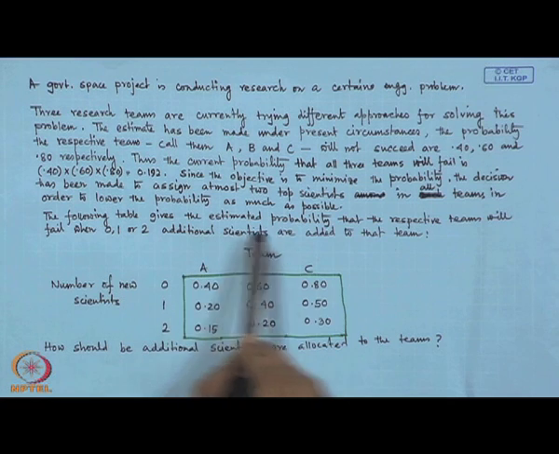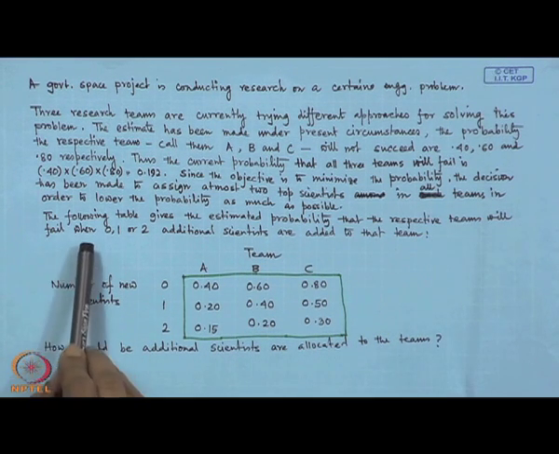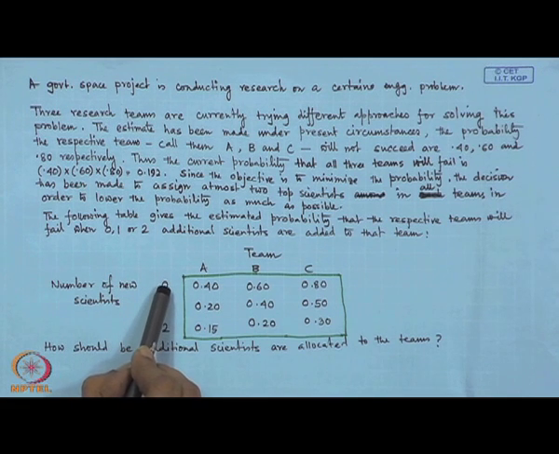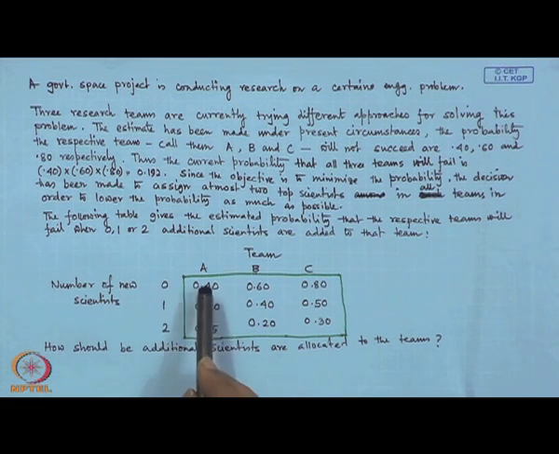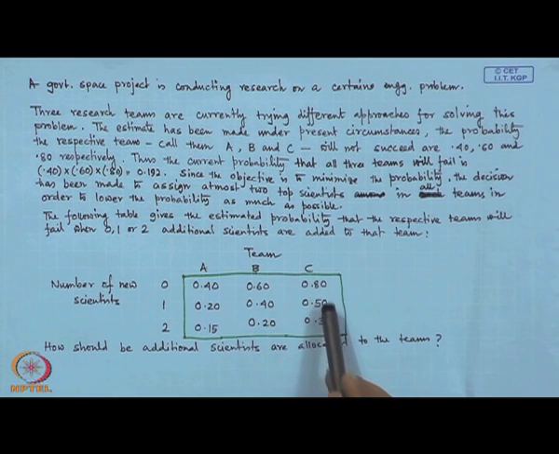The following table gives the estimated probability that the respective teams will fail when 0 scientists are added, that means the current situation 0.4, 0.6, 0.8. If 1 scientist is added to team A, then the failure will reduce to 0.2. If 1 scientist is added to team B, 0.6 is reduced to 0.4, and 0.8 is reduced to 0.5.